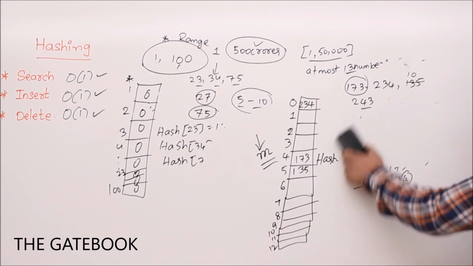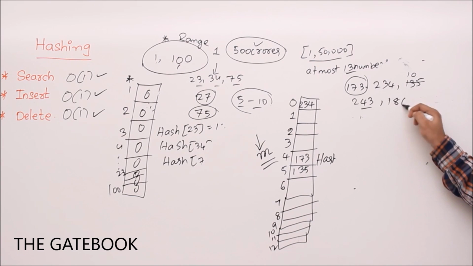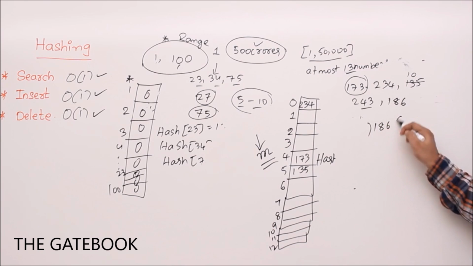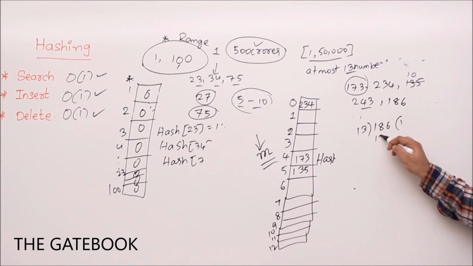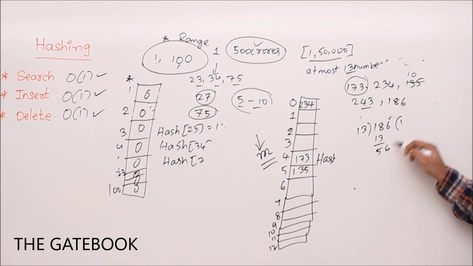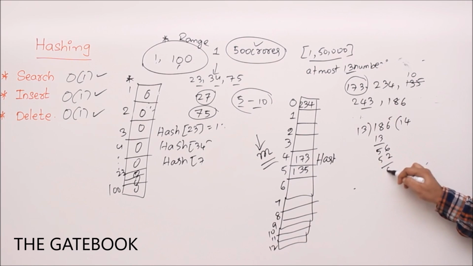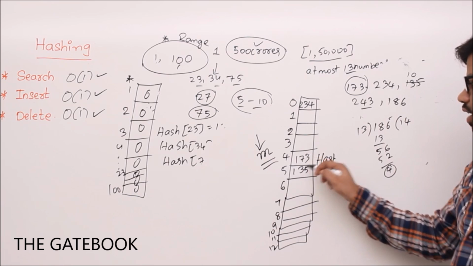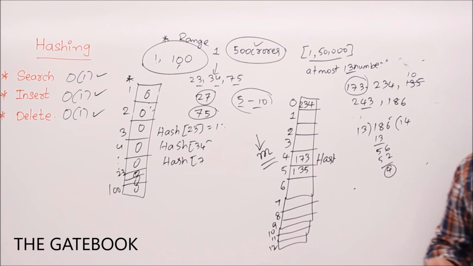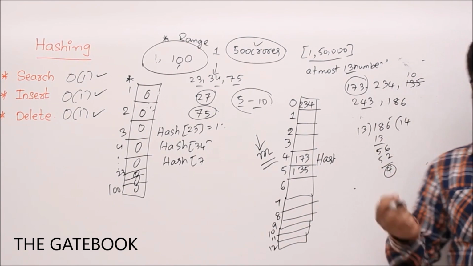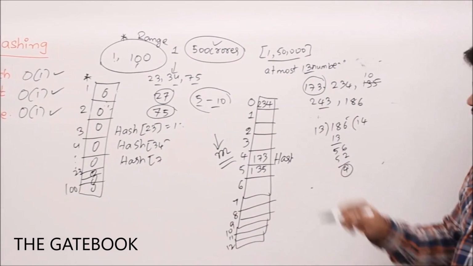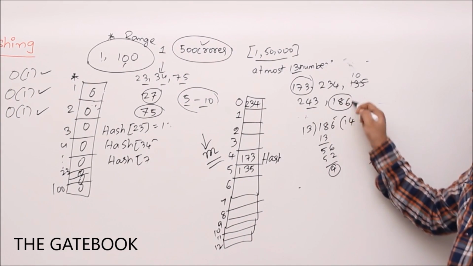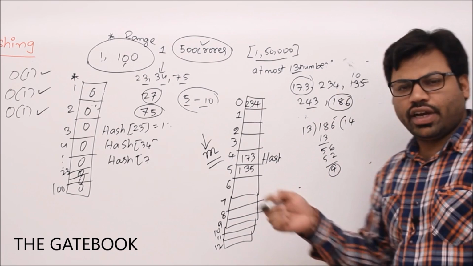If I divide 186 by 13, 13 fours are 52, you get remainder 4. Then it will go again to the same position, but it is already occupied by 173. Then how would you resolve it? This is called a collision. Whenever you store 186 and 173 at a time, you get a collision.